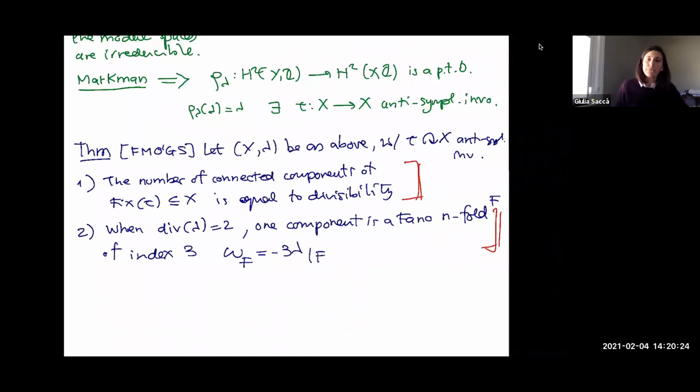With my collaborators, we're setting up ways of studying these anti-symplectic involutions, and I'm going to tell you what the main inputs are in the remaining part of the talk.